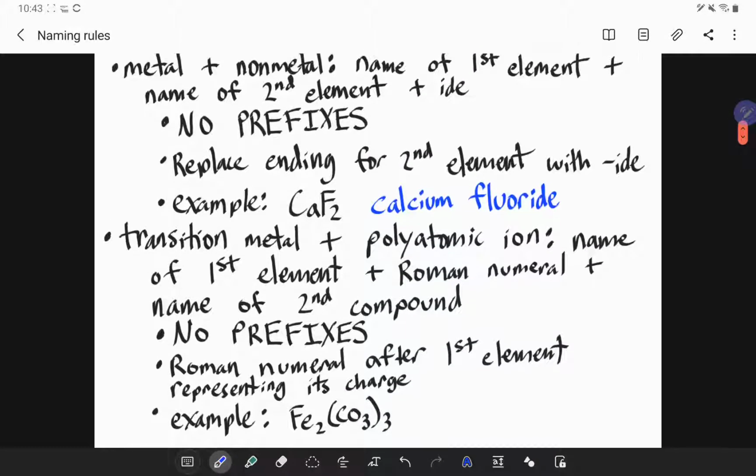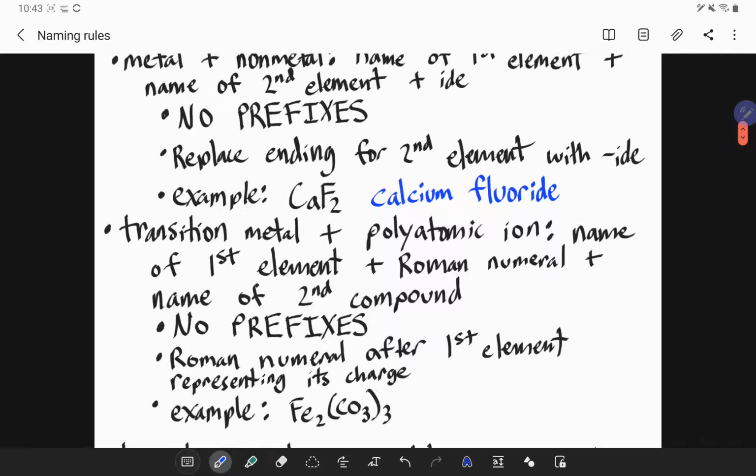All right, next example. Now we're going to have a transition metal bonded to a polyatomic ion. So still involving an ionic compound. This is going to form an ionic compound. But instead of just a regular metal, we're going to use a transition metal and see what difference we have there.